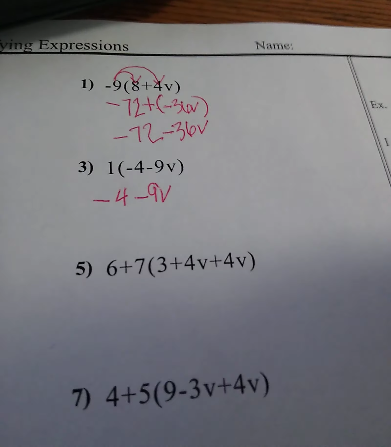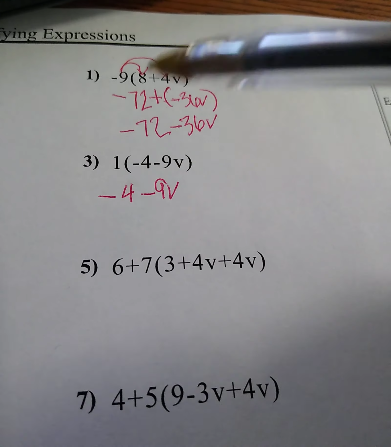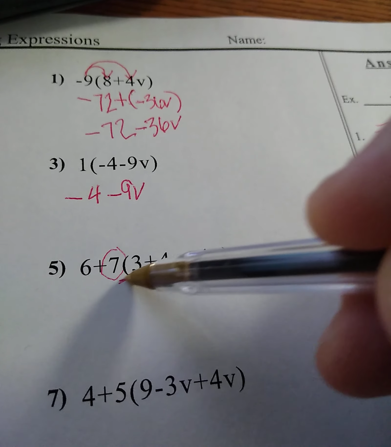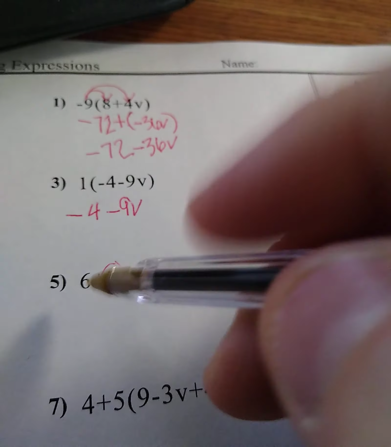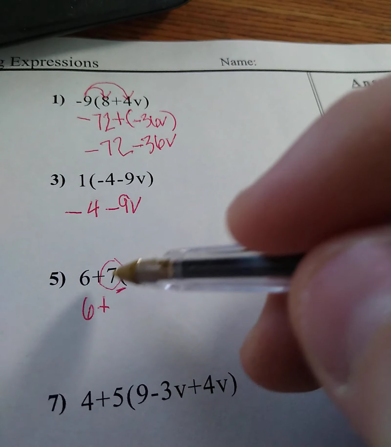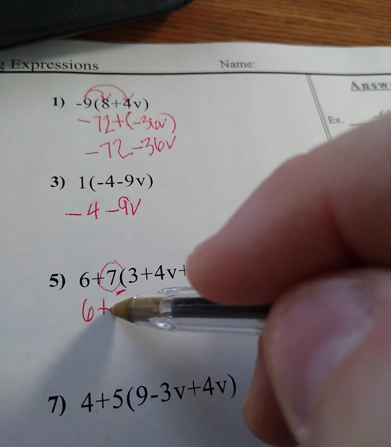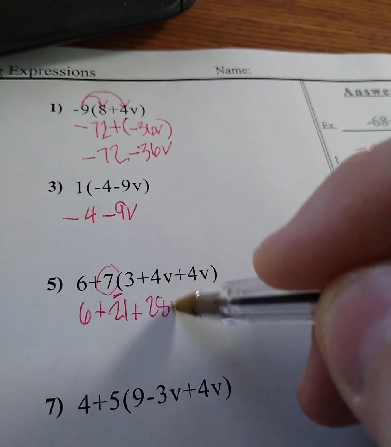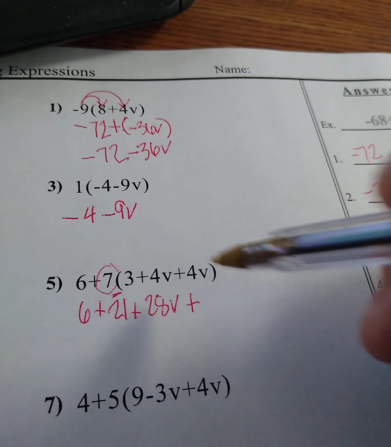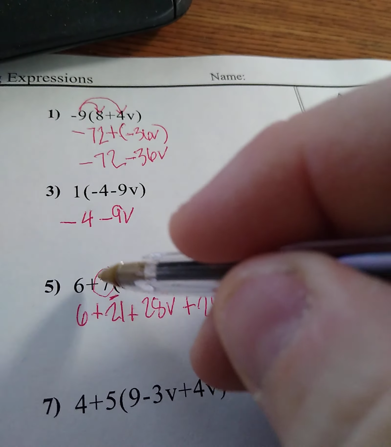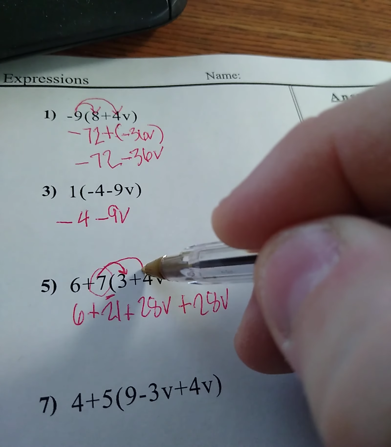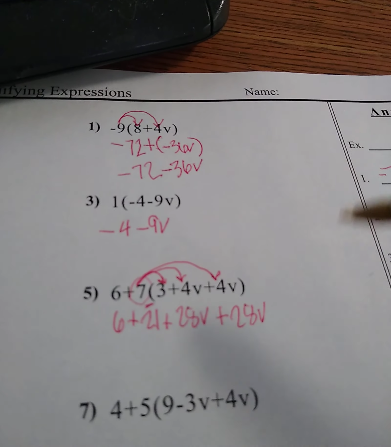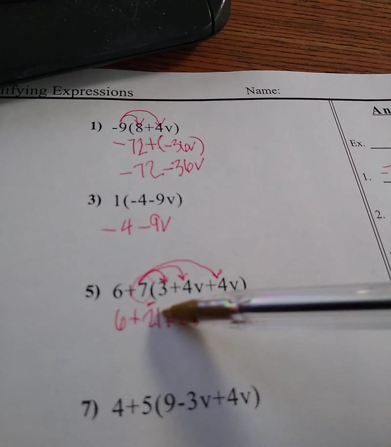We'll do one more. Okay? Now, on this one you ask, there's 2 outside. You're only going to multiply the one that's right next to the parentheses. So the 6 is just going to come down. Okay? 7 times 3 is 21. 7 times 4 is 28v. Plus 7 times 4 is 28v. So now, doing just what we did before, you're going to add these 2 together.